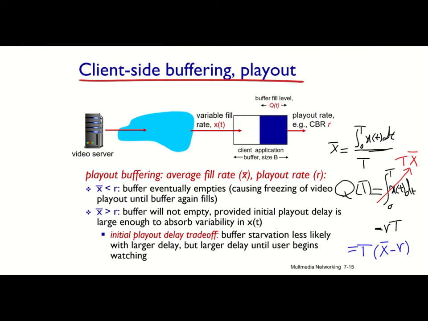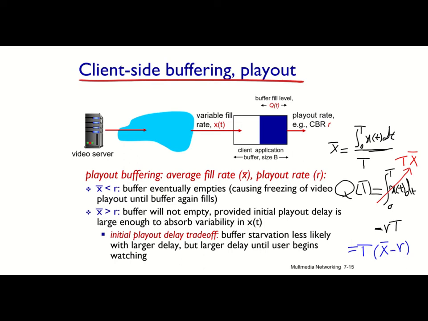This way you can increase the x bar so that it becomes more than the playout rate r. But as I said before, there's a trade-off for the value of initial playout delay.